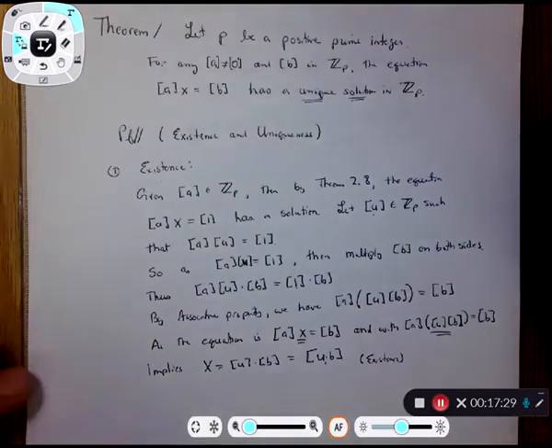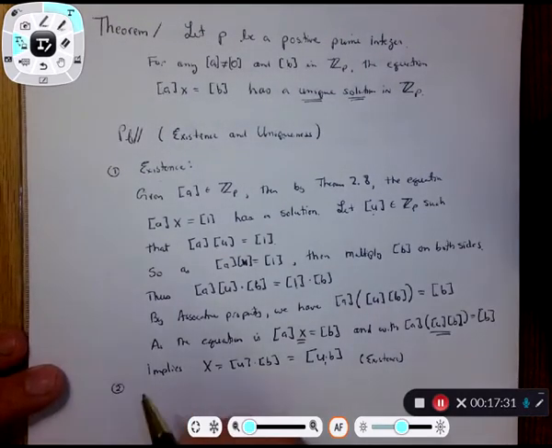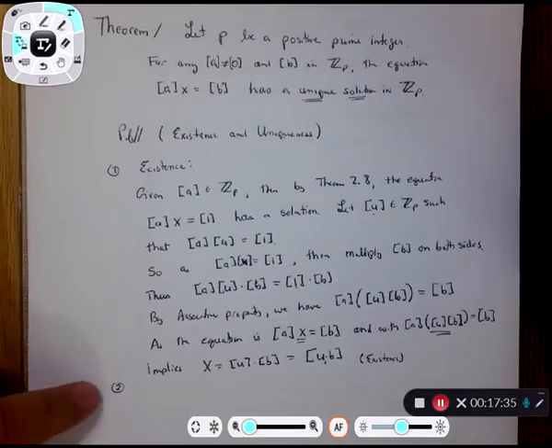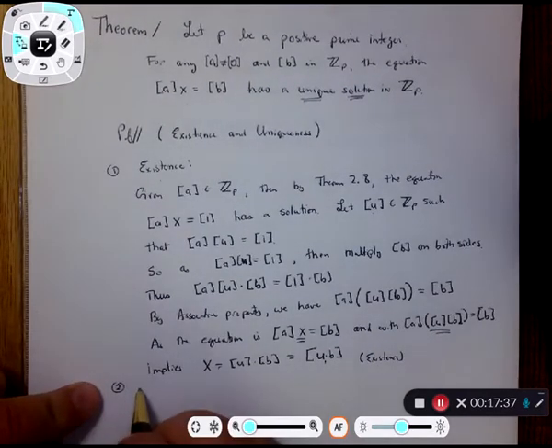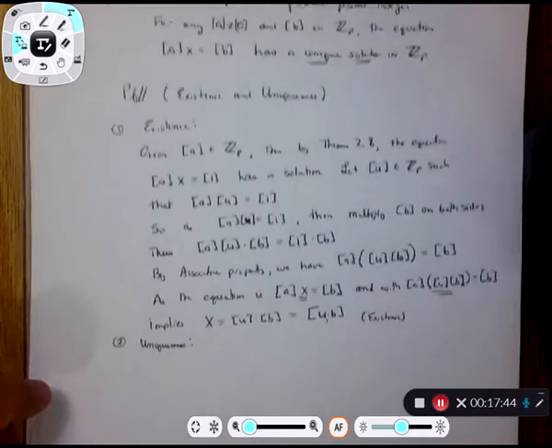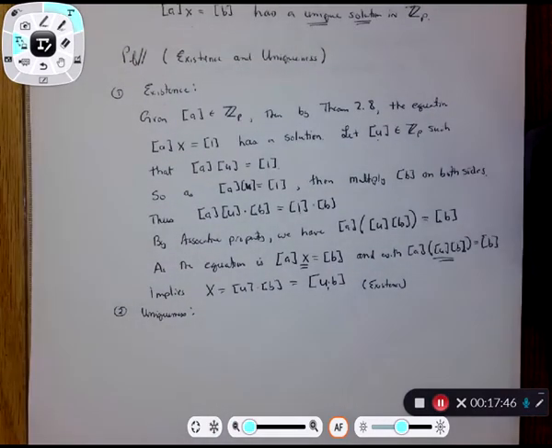Now, the second part to this, unique solution. We have the solution existence, we want to talk about uniqueness. How do you show uniqueness from an algebraic proof perspective? Well, if there's a unique solution, there's only going to be one solution.